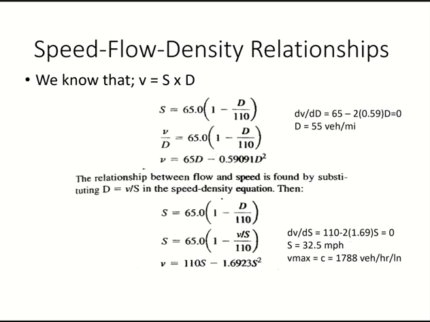V over S. In the equation of the straight line, replace D with V over S. Clear? Any problem? Then you open the bracket, solve the ratios, and this is your final equation. Clear or not?